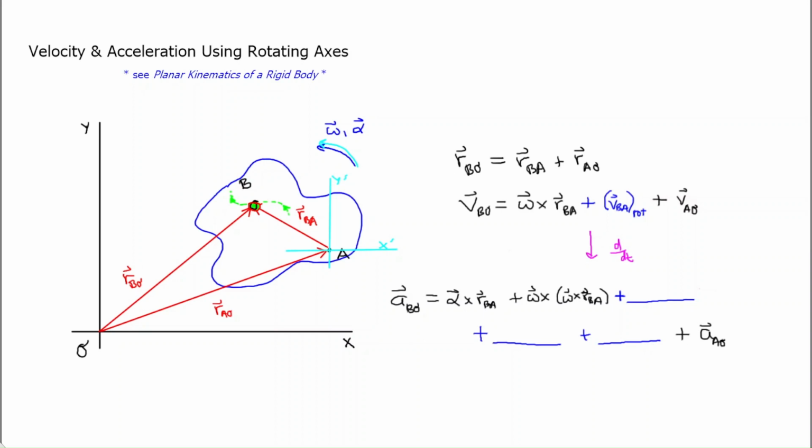But the three other terms that I'm going to write in blue actually have to do with the motion of the particle, which happens to be at B. So let's go back to the omega cross R_BA, and we did a product rule to obtain these terms.